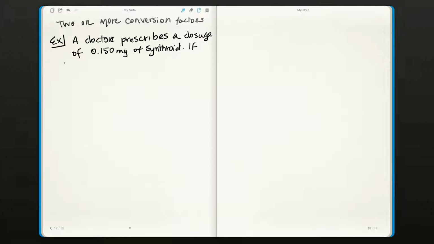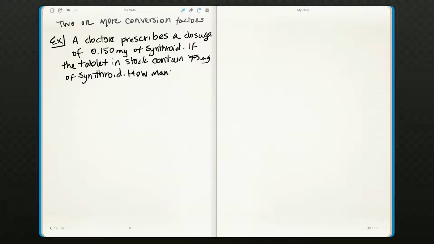If the tablets that they make the Synthroid into contain 75 micrograms of Synthroid, how many tablets are required for that dosage?